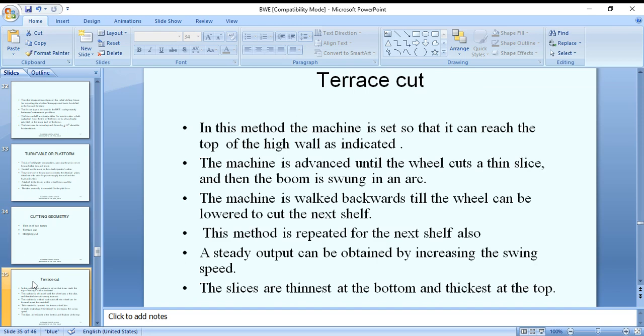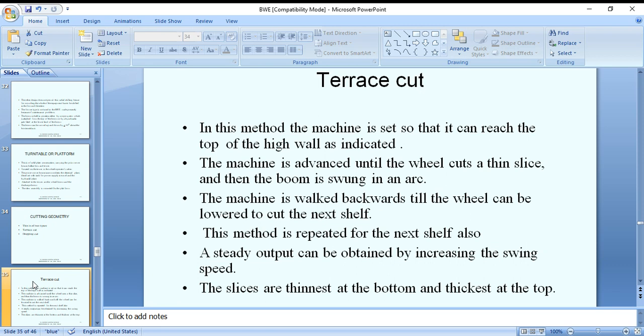Terrace cut. In this method, the machine is set so that it can reach the top of the high wall as indicated. The machine is advanced until the wheel cuts a thin slice and the boom is swung in an arc. The machine is walked backwards till the wheel can be lowered to cut the next shelf.